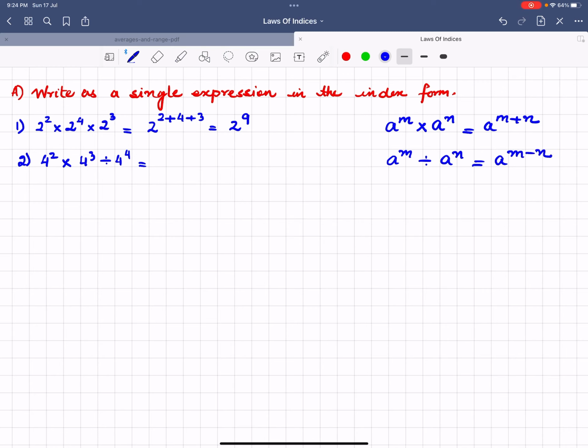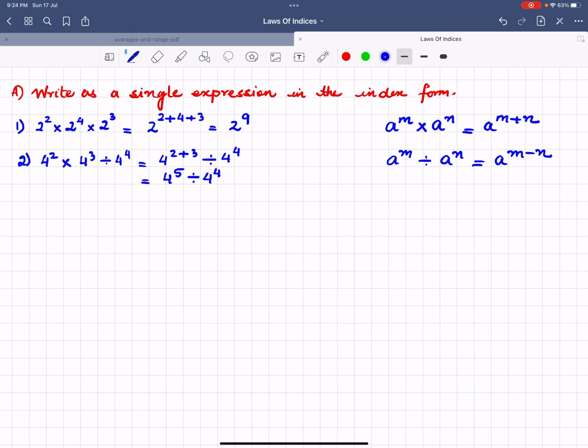So the first two bases are multiplied, so the first two powers will be added. Therefore, we will add 2 and 3. So let's begin by doing that. We have 4 to the power of 2 plus 3 divided by 4 to the power of 4, and that is equal to 4 to the power of 5 divided by 4 to the power of 4.